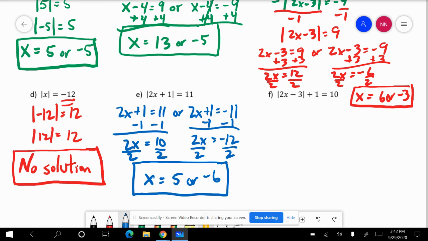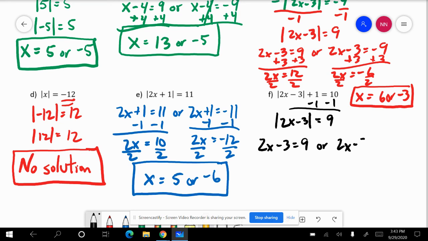Now, looking at letter F, this is similar to letter C. First thing that we need to do is get the absolute value by itself. So I'm going to subtract the 1, and I get the absolute value of 2x minus 3 is equal to 9. Now I'm going to write my two equations. 2x minus 3 equals 9, or 2x minus 3 equals negative 9.